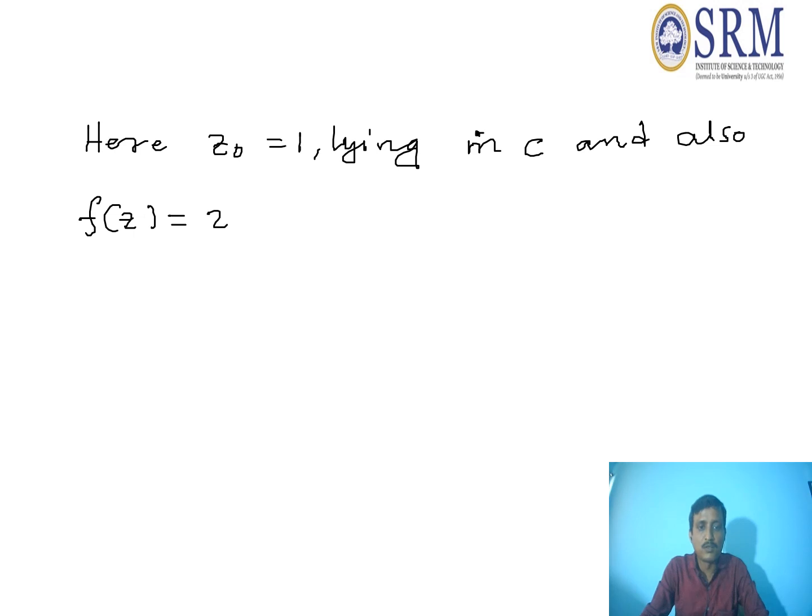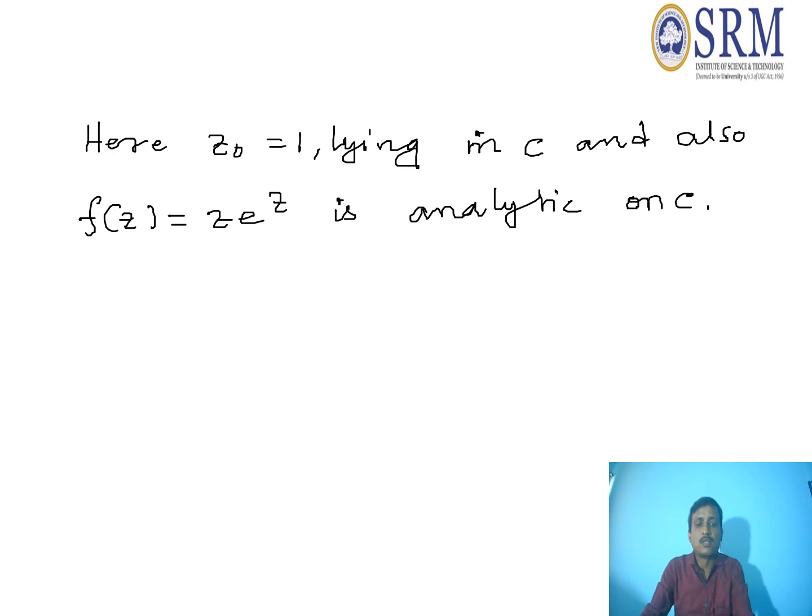I have considered z e^z. So this is analytic on or inside C. You can say on C. Fine. So f(z) is analytic and z naught we have identified as lying in C. That means I can easily use Cauchy's integral formula.